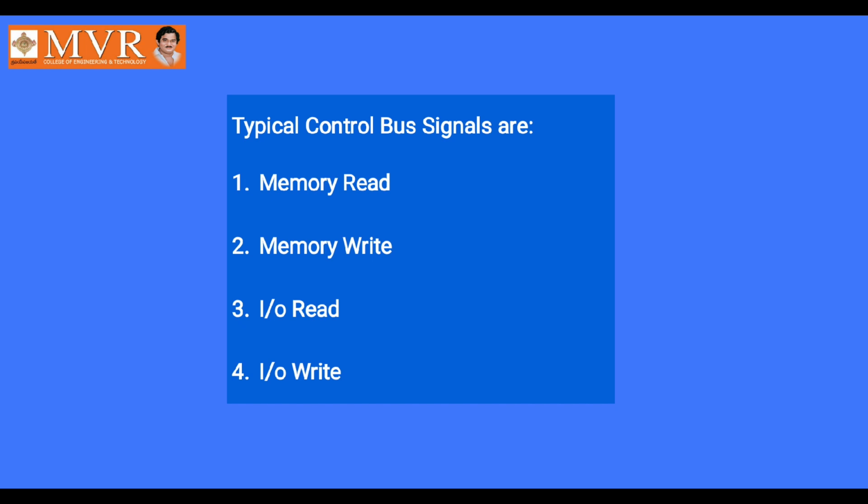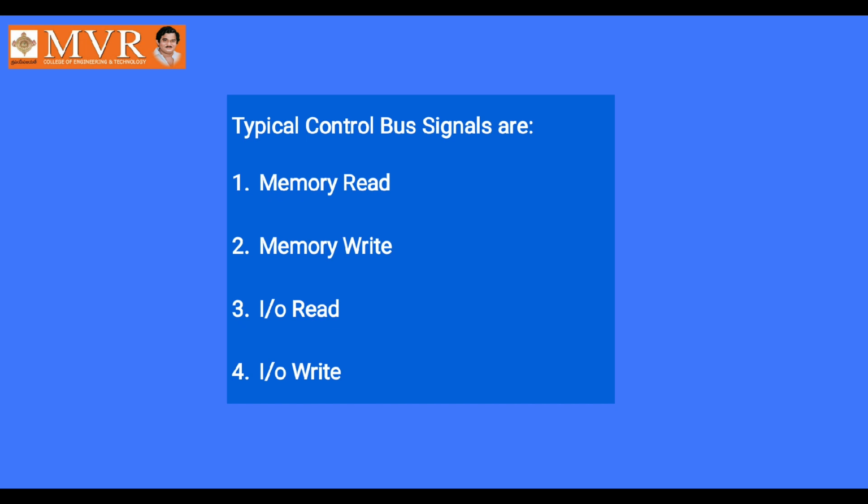And again, storage unit and peripherals. Storage unit means memory, which may be primary memory or secondary memory. And peripherals means it may be an input device or output device. So the basic four signals generated by the control bus are memory read, memory write, IO read and IO write.